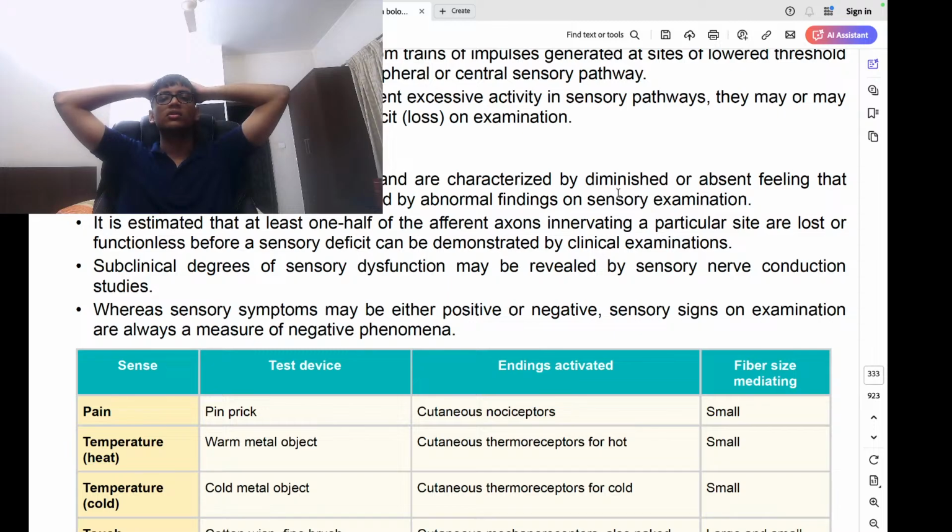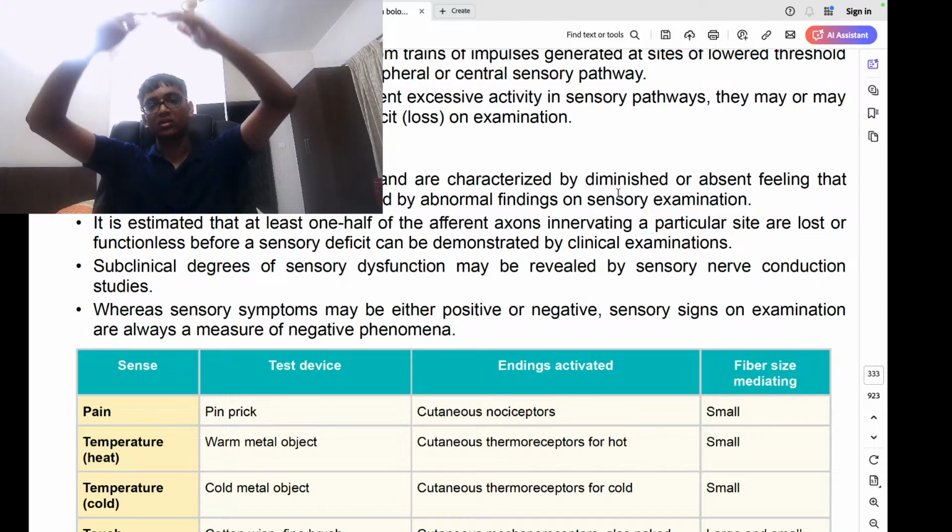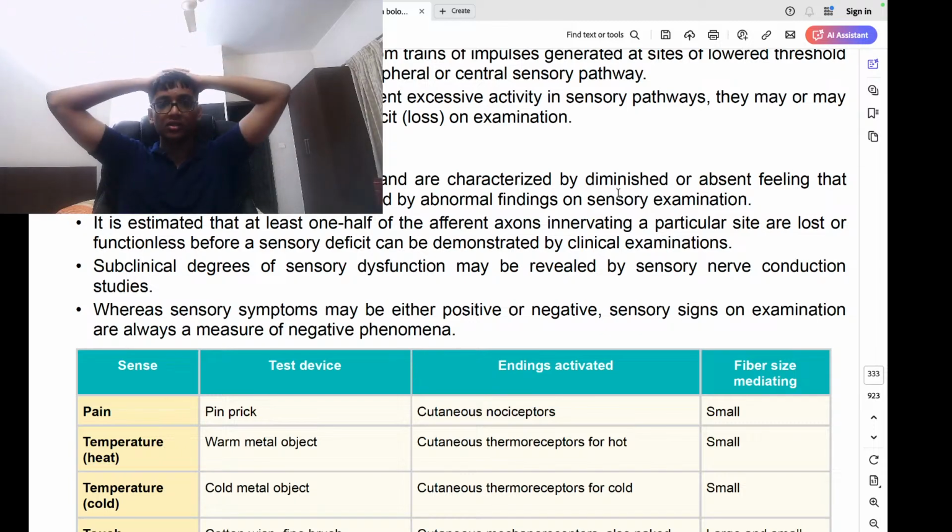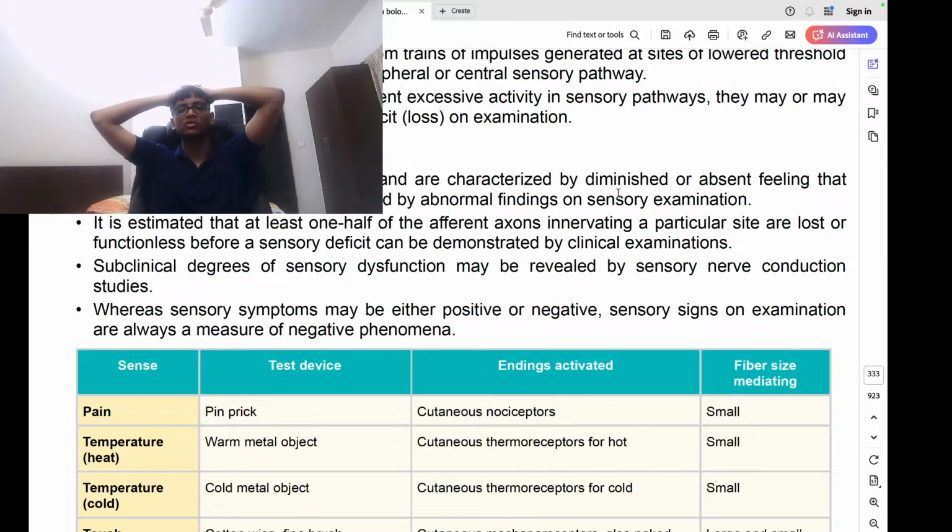Positive symptoms are increased, negative symptoms are absent. It is estimated that at least half of the afferent axons innervating a particular site are lost or functionless before a sensory deficit can be demonstrated by clinical examination.